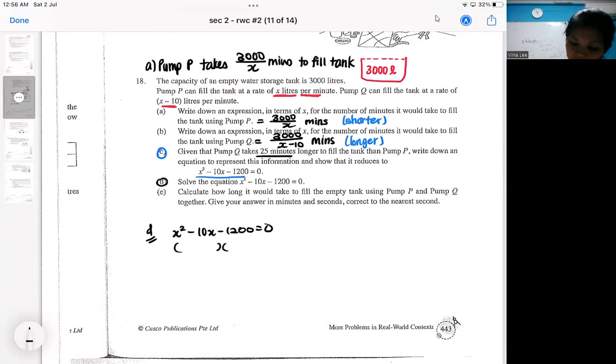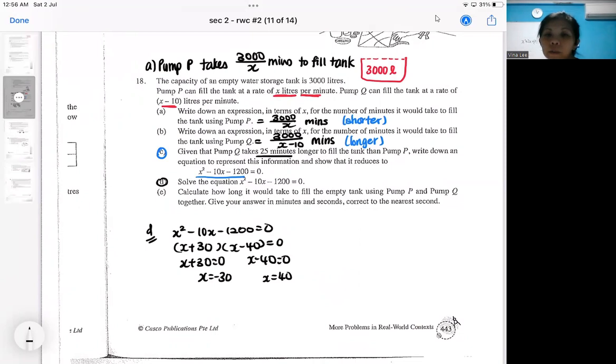So the typical method: factorize. In this case, you will get x plus 30 and x minus 40. So you will arrive at two possible answers. Your job is to not reject the answer; you will just accept it first.